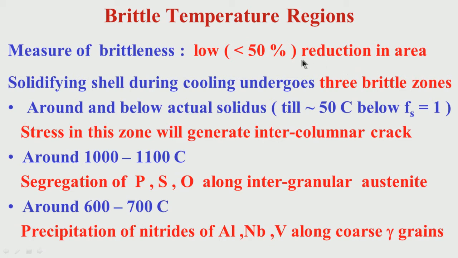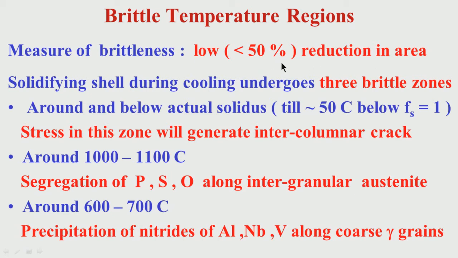This ductility, or reduction in area, can be measured. When you are deforming that particular shell, how much cross section area is reduced? From that you can find out the percentage of reduction in area.